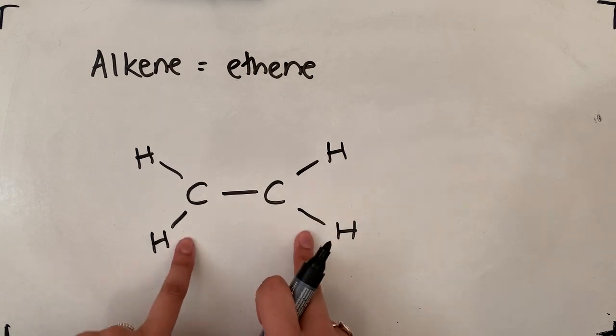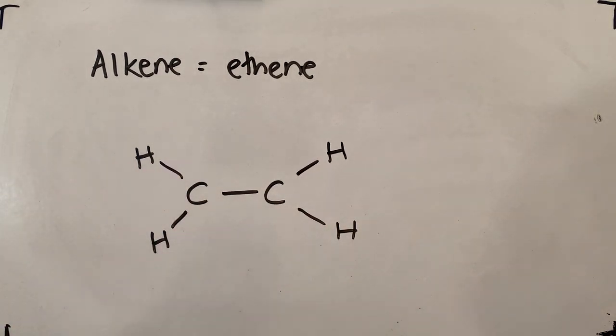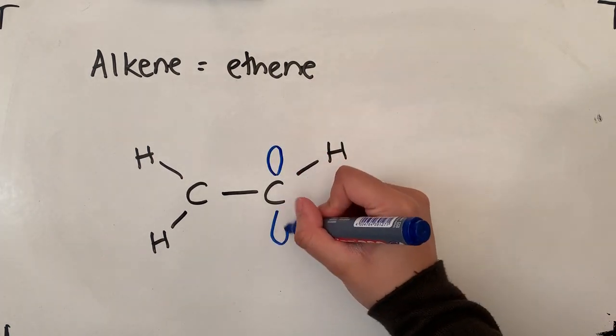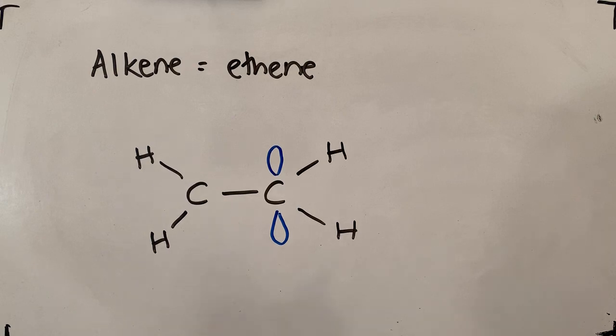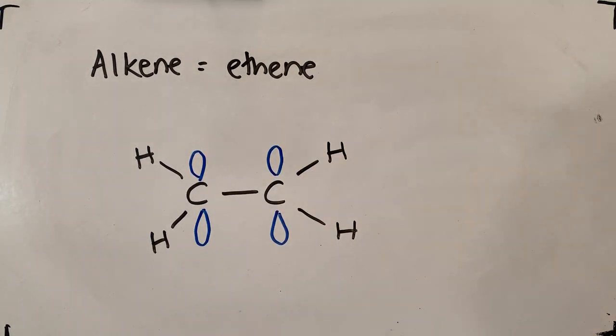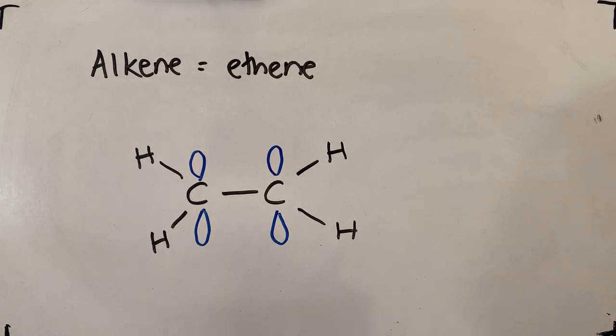We've got our sigma bonds drawn as solid lines over here. We then have a p orbital on this carbon, again 90 degrees to the plane of the atoms, and a p orbital on this carbon atom over here, again 90 degrees to the plane of the atoms. Again, each p orbital is holding one electron.